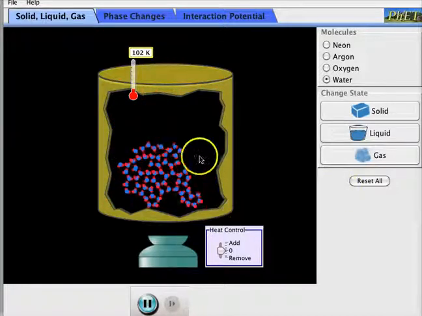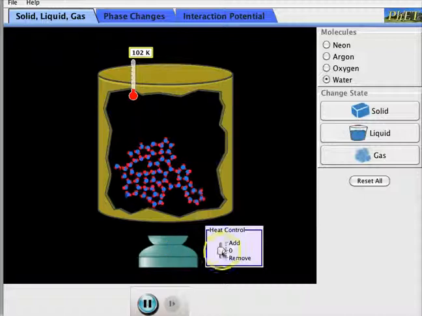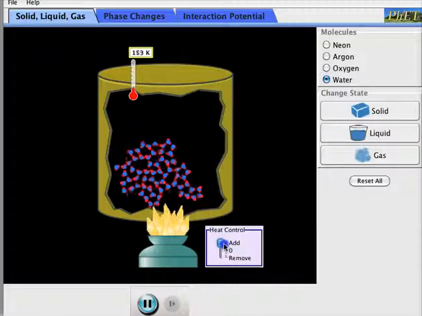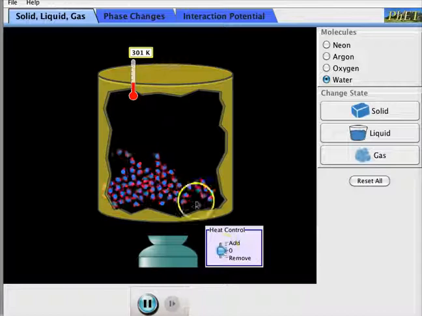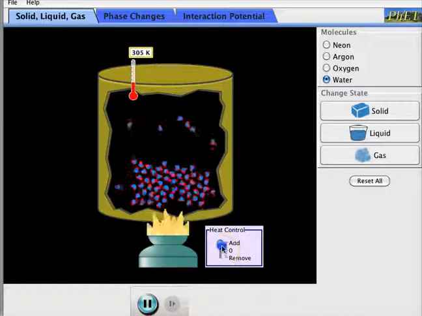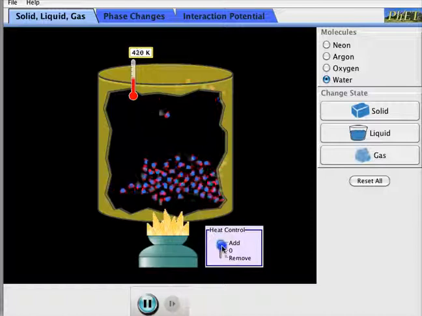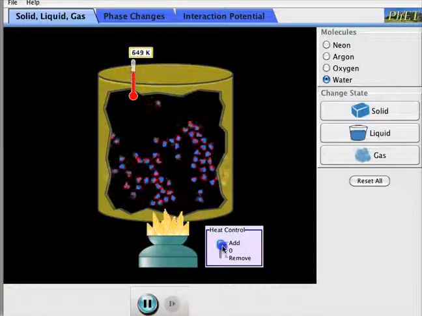The names we use for the phase changes, some will be familiar to you, some may be less familiar. As we heat a solid, it will melt into a liquid. Melting is the phase change from solid to a liquid. As we heat a liquid and it turns into a gas, we say that it vaporizes.